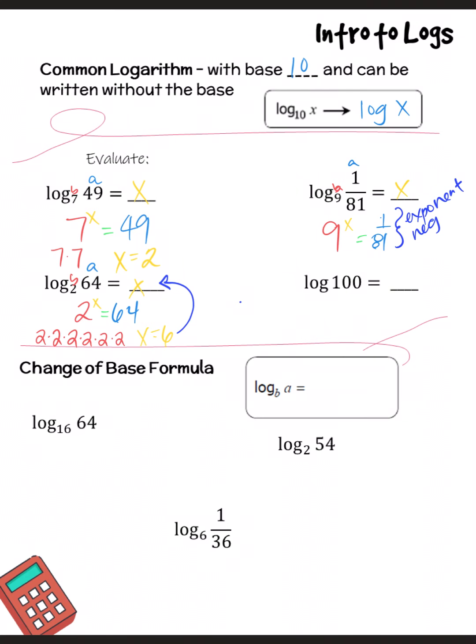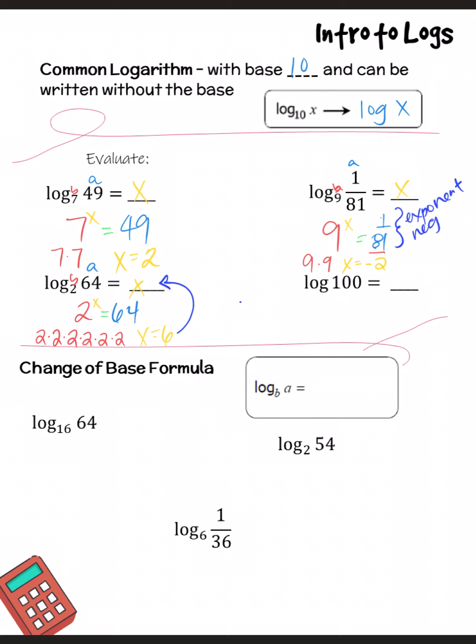We're trying to find how many times 9 multiplied by itself equals 81. 9 times 9 is 81, so we have 2 nines, so our x value is 2, but since we've got a fraction, our x value is negative 2. So log base 9 of 1/81 equals negative 2.